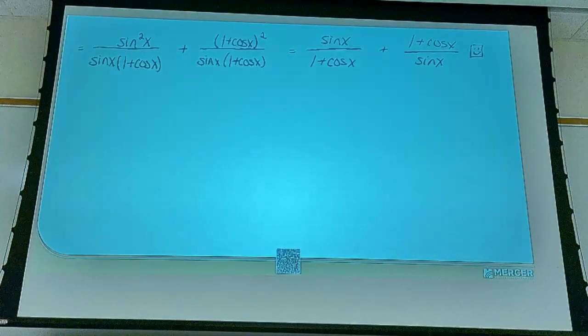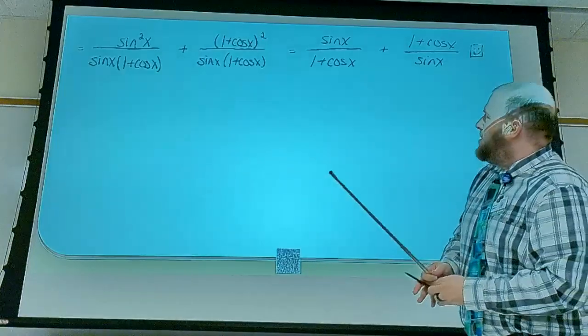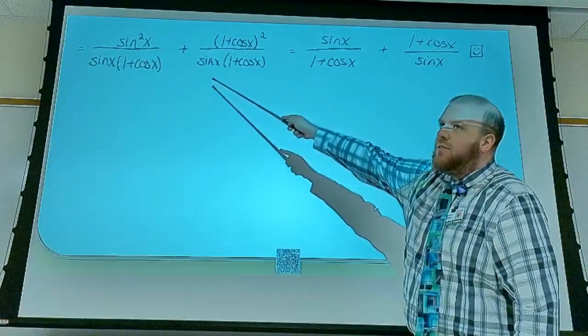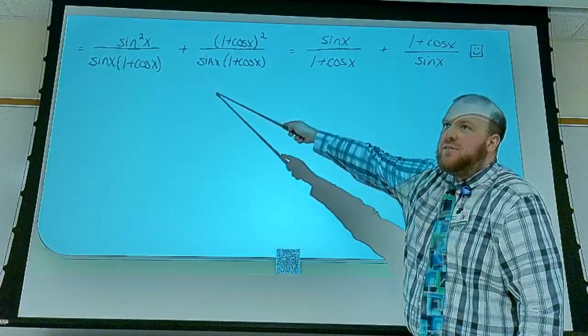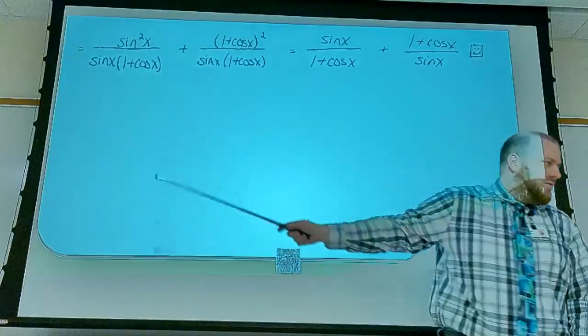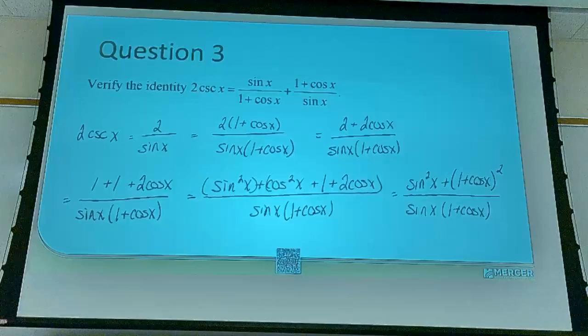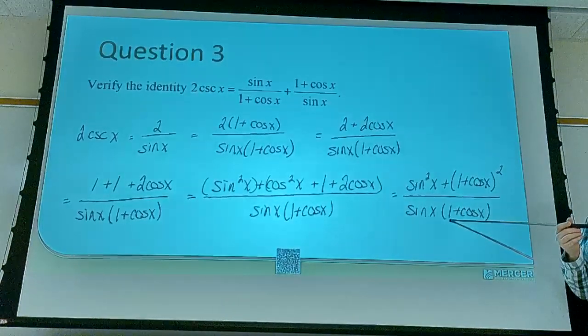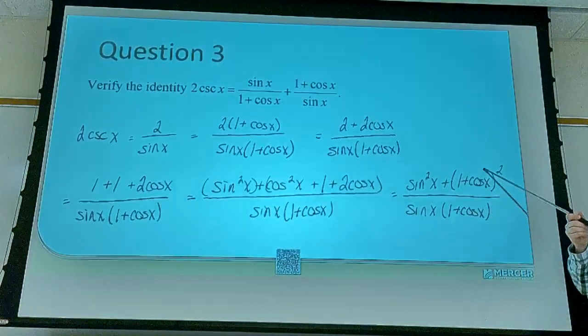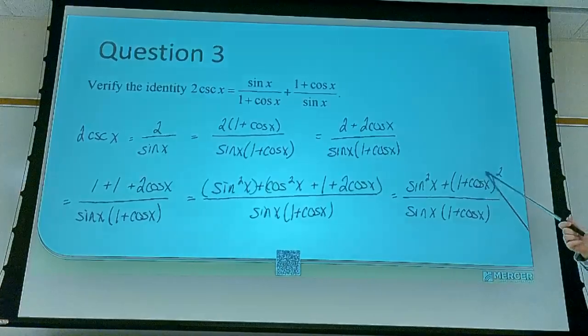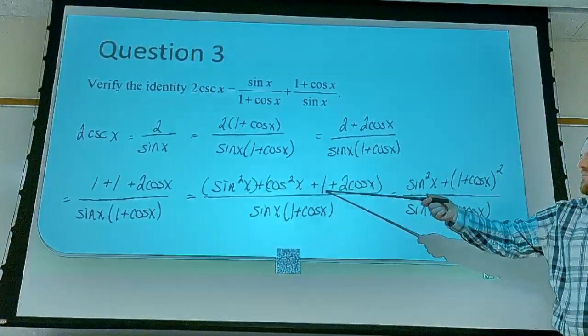Again, if we were to start at the other side, because it's the easier one to see, you can see that we'd just be going in reverse, wouldn't we? This would be the first thing you do. Common denominator. Expand this out. Cosine squared plus 2 cosine plus 1.